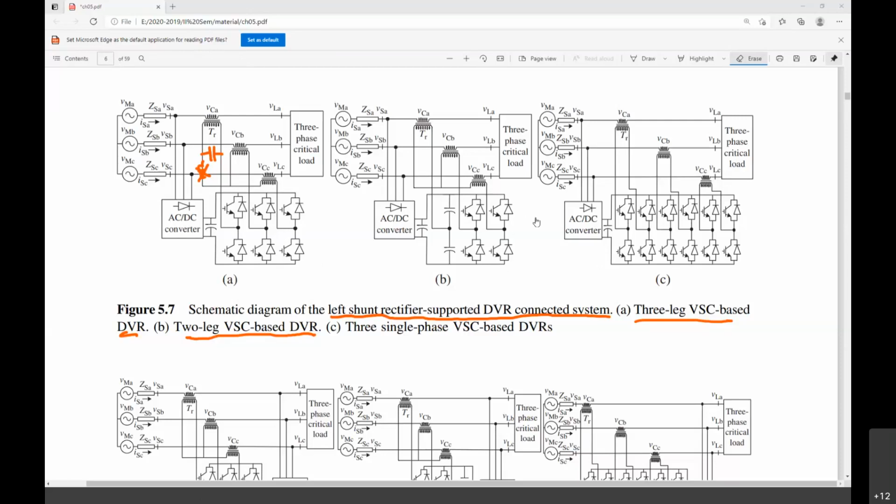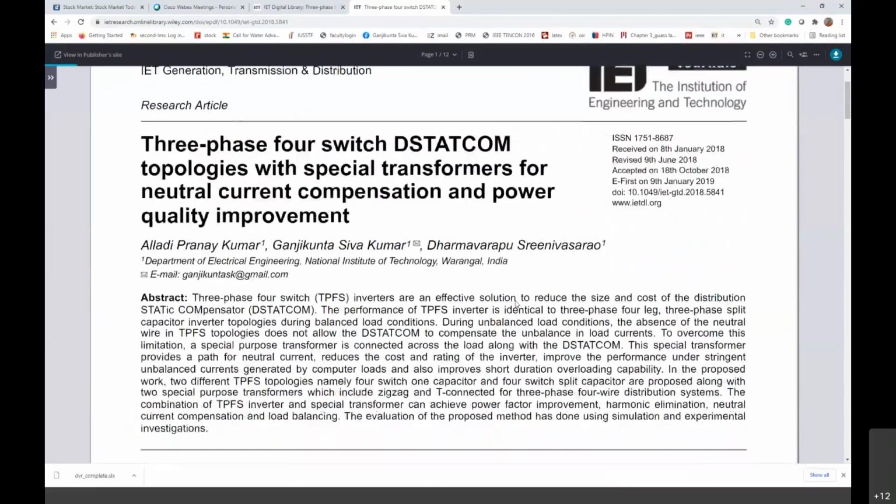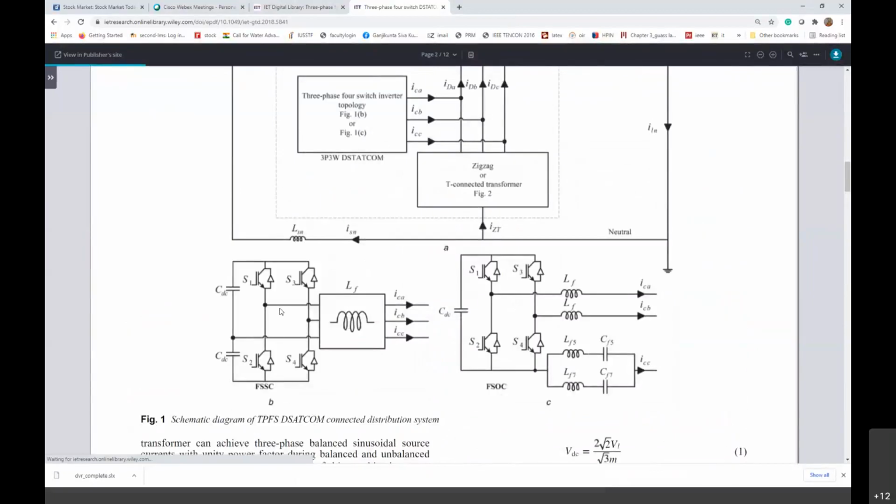Just a minute. Yeah, this is the topology.